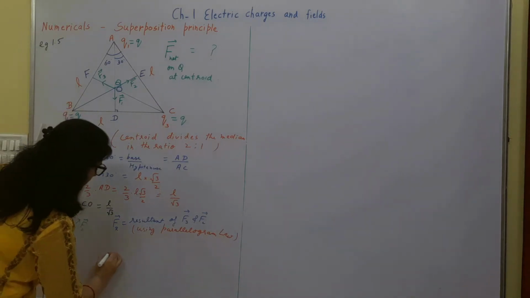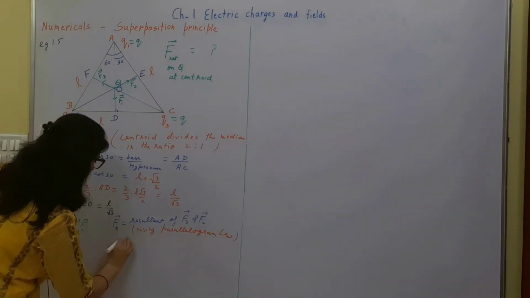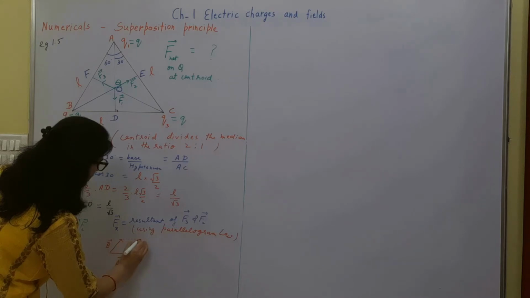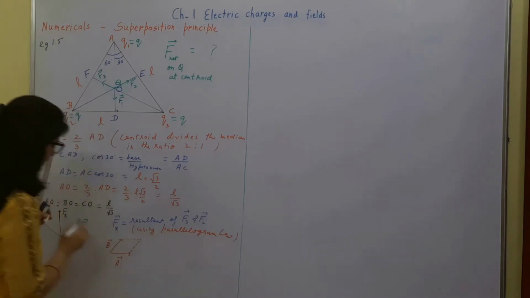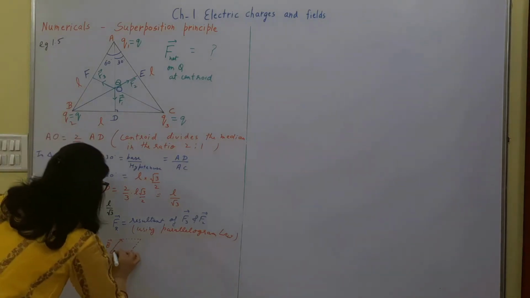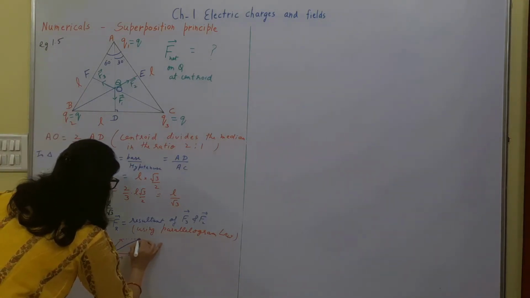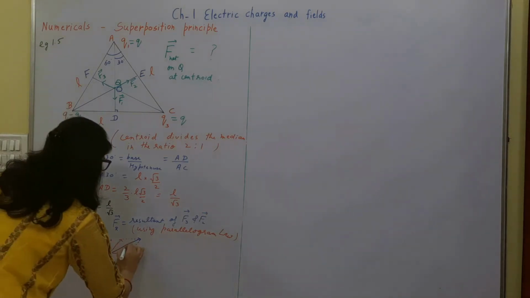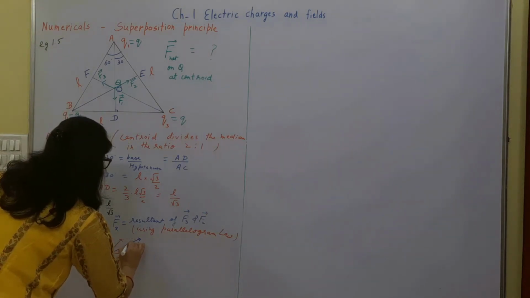If you remember, if we have these two vectors which give the adjacent sides of the parallelogram, then the resultant is given by the diagonal both in magnitude as well as in direction.